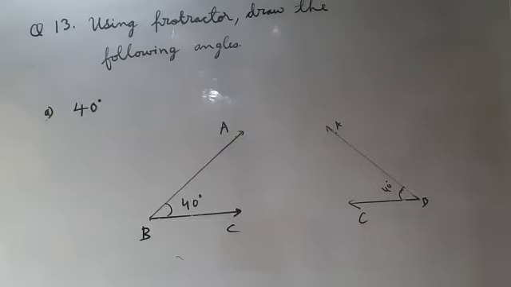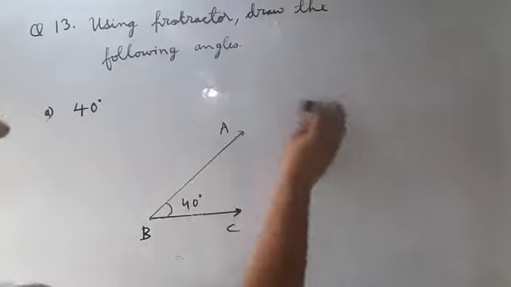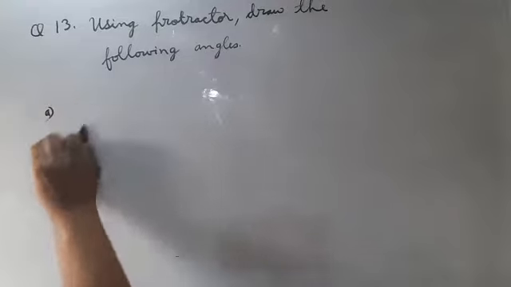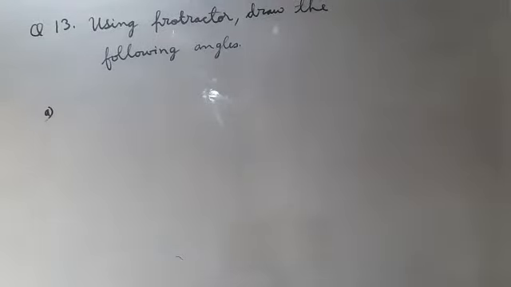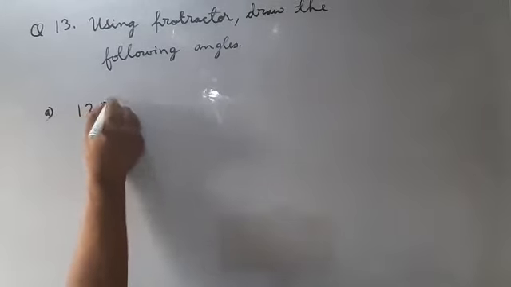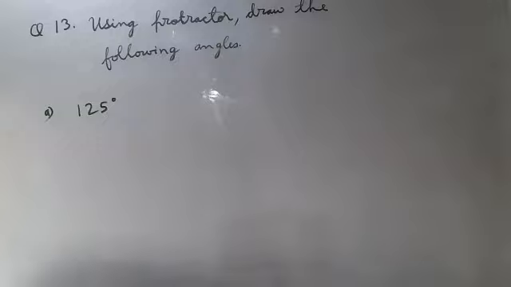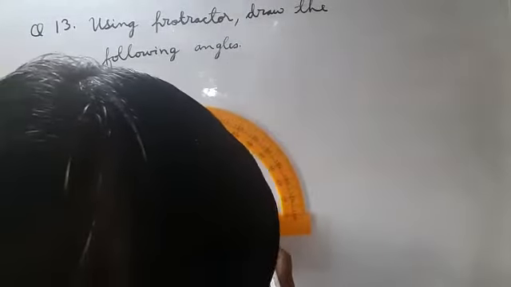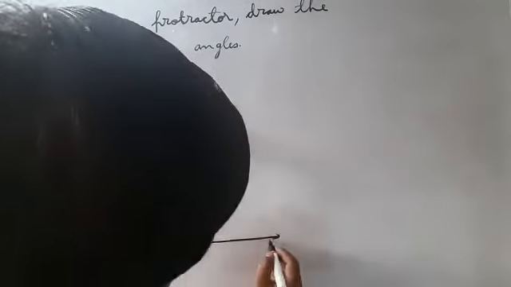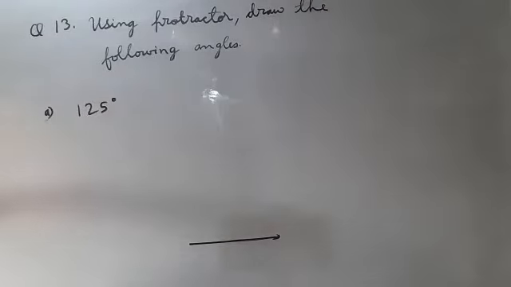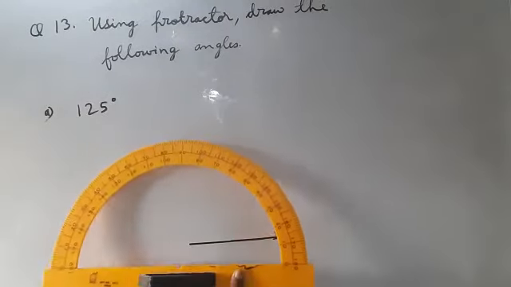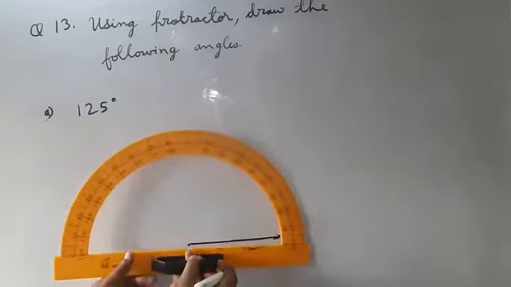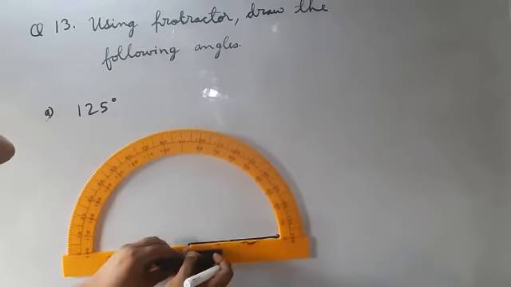The next angle is 125 degree. First I will draw a baseline. First draw a line, a straight line, a baseline ray. Then for 125 degree, the point which is touching this is considered as 0 degree.